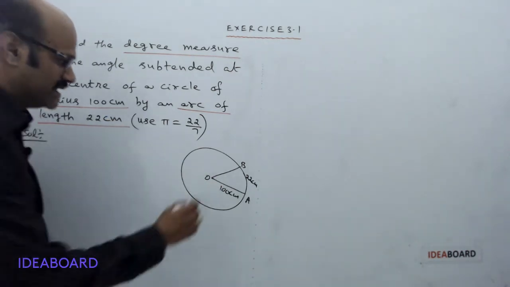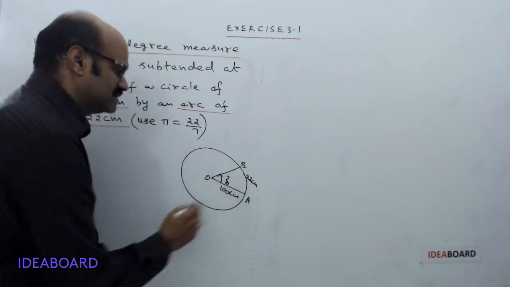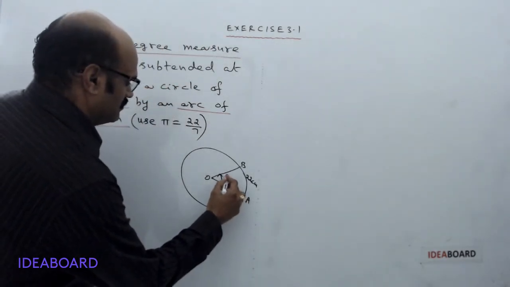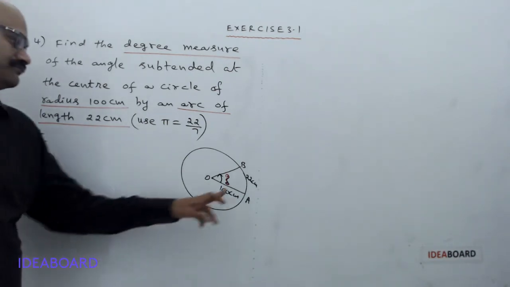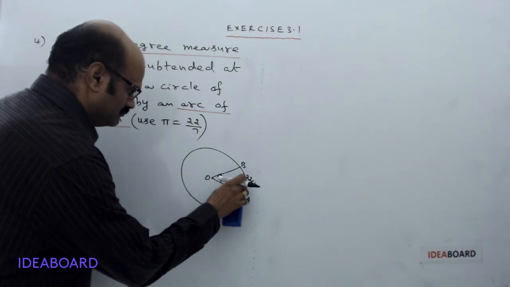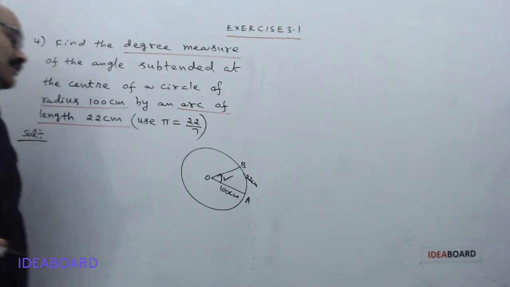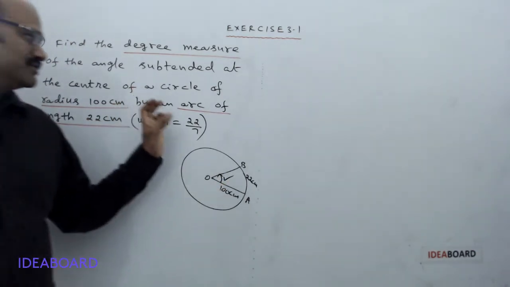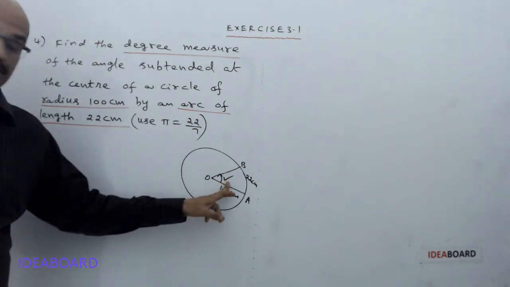Now we have to find this angle here. This is the target. Now to find this angle, first we should write the data which is given to us, and we should write in degrees.